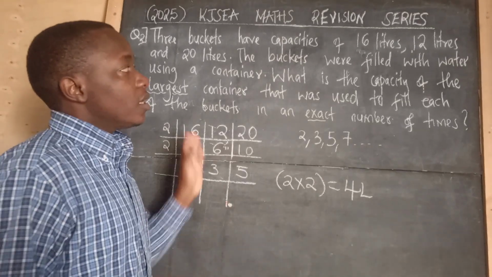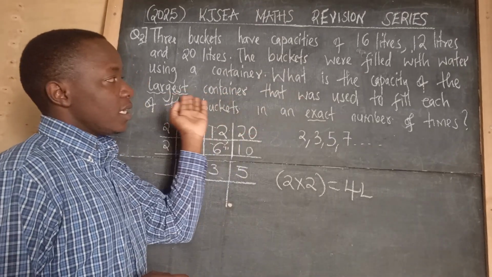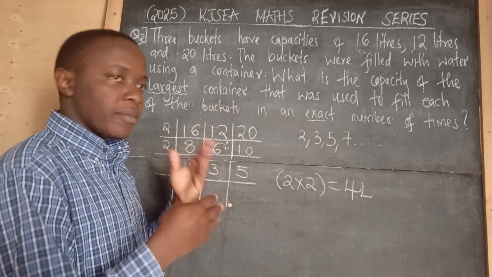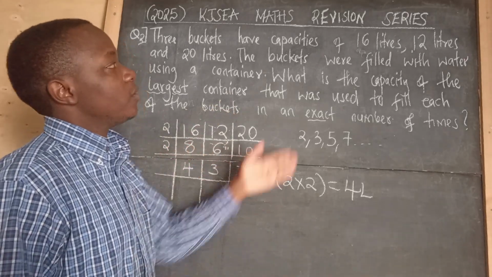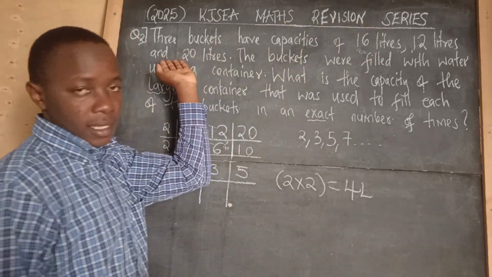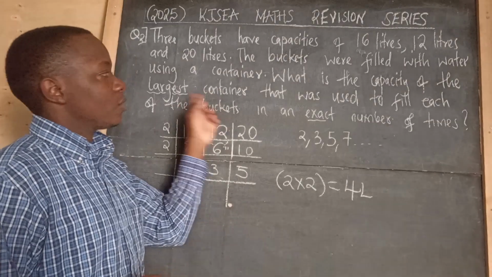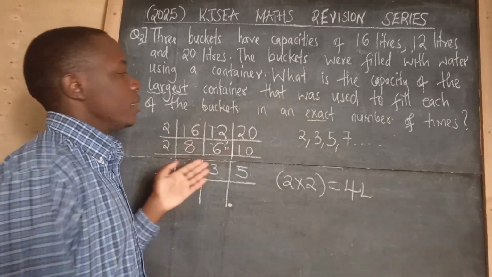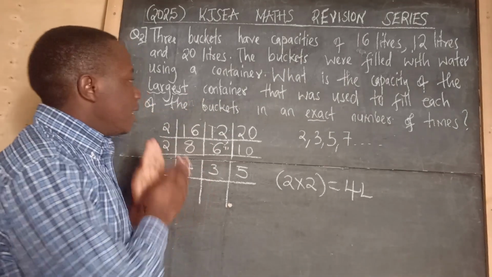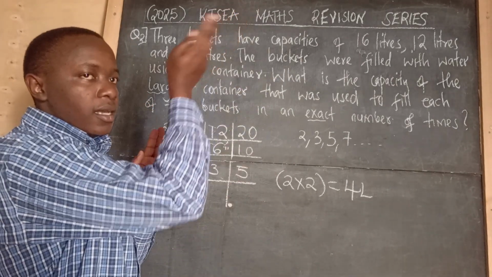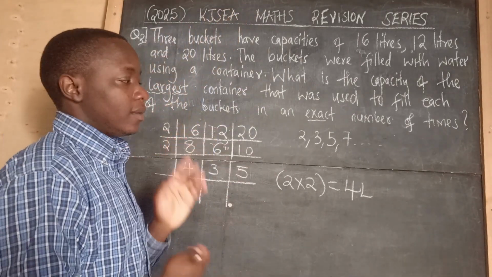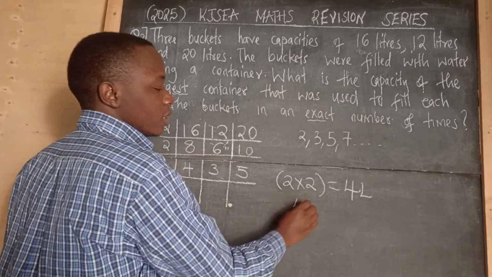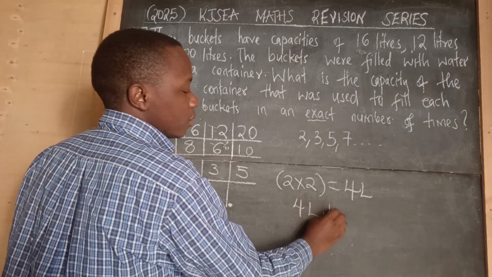So in short, when you're told to find the largest container that can be used to fill buckets in an exact number of times, just find the GCD of those buckets. If you're told the smallest container that can be used to fill them, you find the LCM. Largest, GCD. Smallest, LCM. So the answer is a container that is 4 liters.